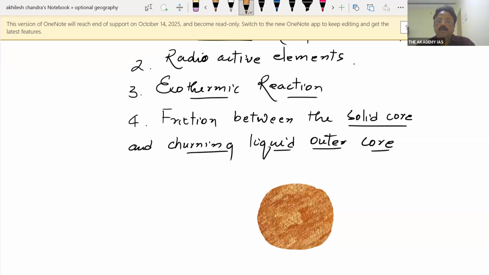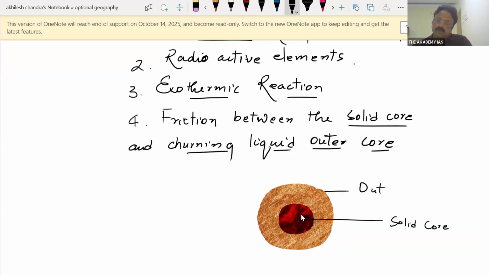And here we have the inner core also. The inner core is solid. This is solid. And the outer core is liquid.